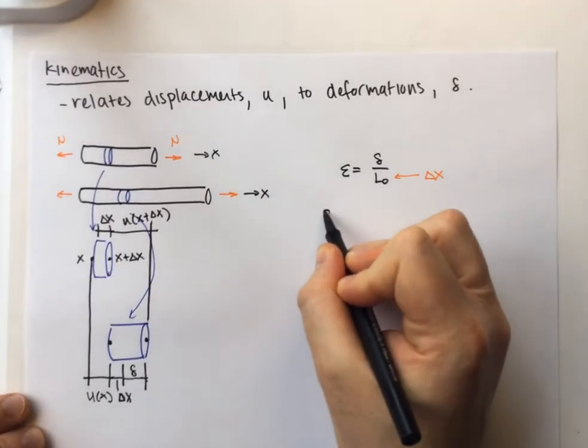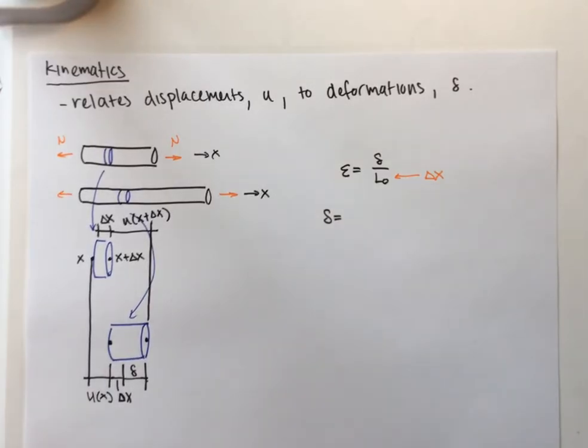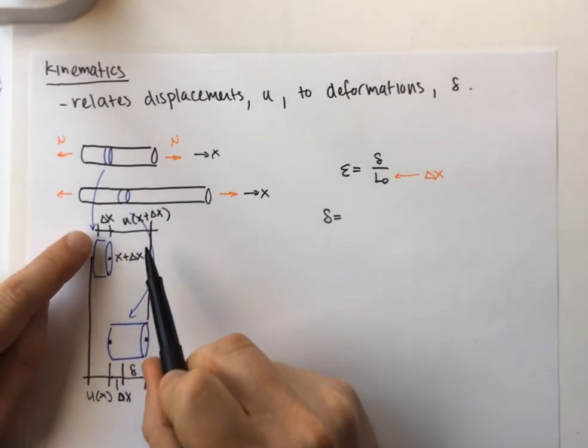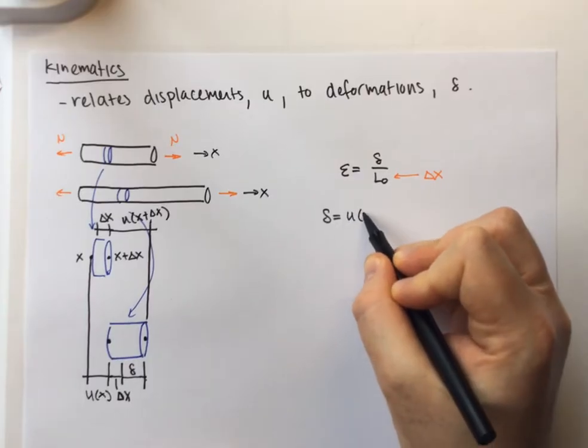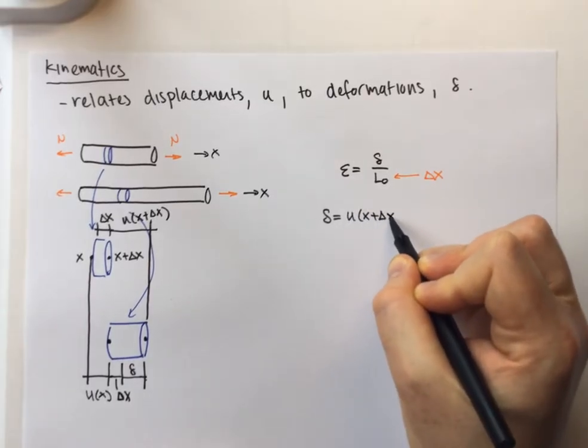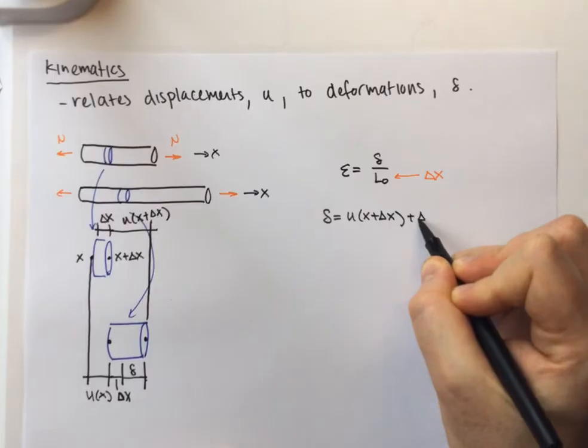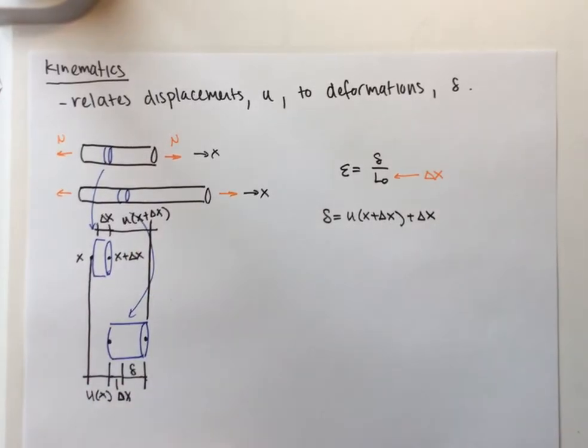What's our deformation, which is the other piece? Well, we can calculate that, knowing that these two are the same length. So everything up top we know, and that's going to be u of x plus delta x plus delta x. So that's the length of the top.